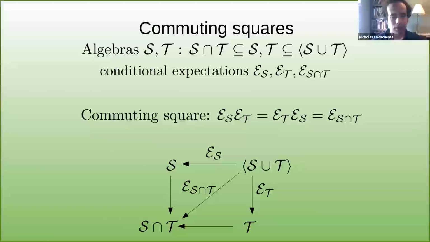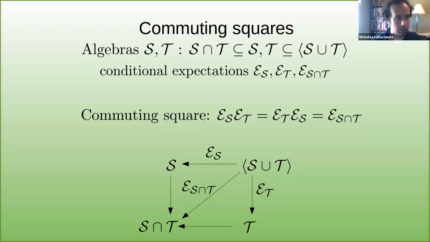But first, I need to introduce the concept of a commuting square, or rather recall the concept of a commuting square. So if we take two algebras, S and T, and we consider their intersection and their union, this will give us three conditional expectations to each of the subalgebras and to their intersection. And I shouldn't have really said union. I should have said this is really a joint algebra, which is the algebraic closure of their union.